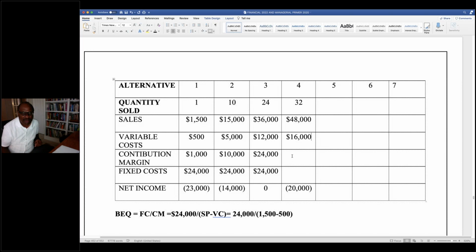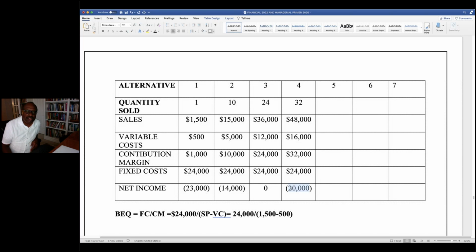So what's our contribution margin gonna be? 32,000. Fixed cost of 24,000. So that will give us a profit of 8,000.